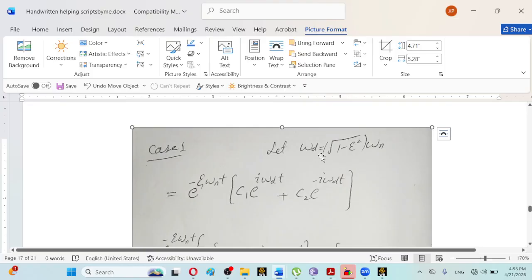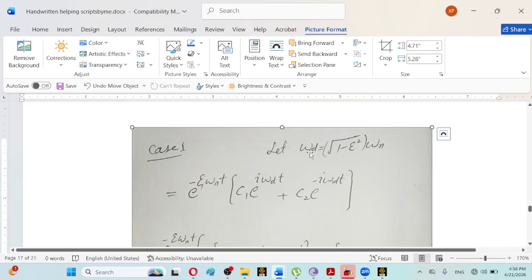So the period of damped oscillation will be greater than the period of natural oscillation, but the frequency of natural oscillation will be greater than the frequency of damped oscillation. This equation is stating this.